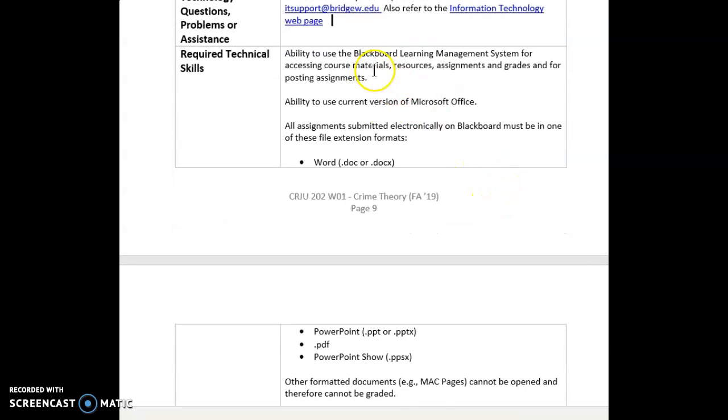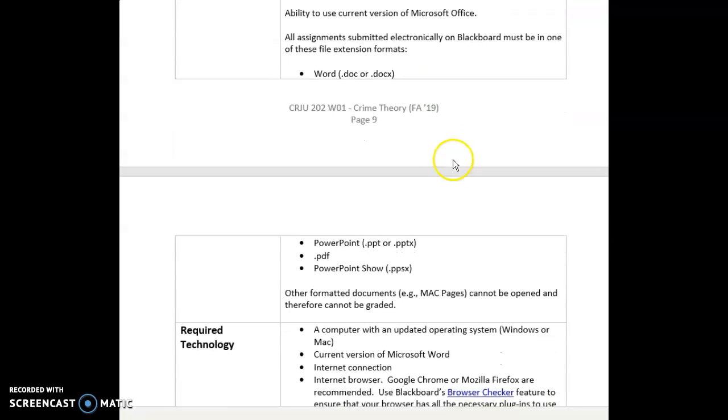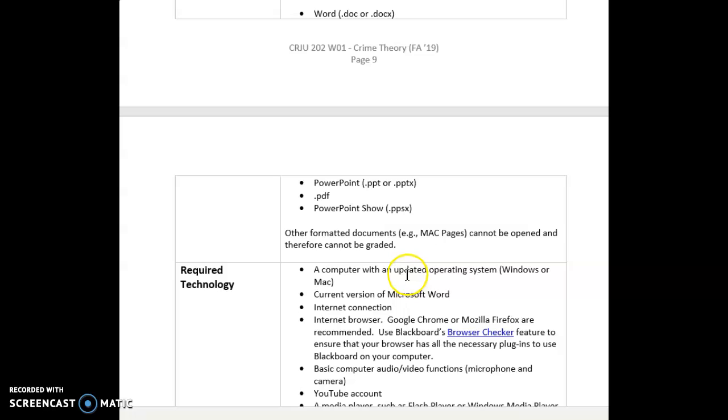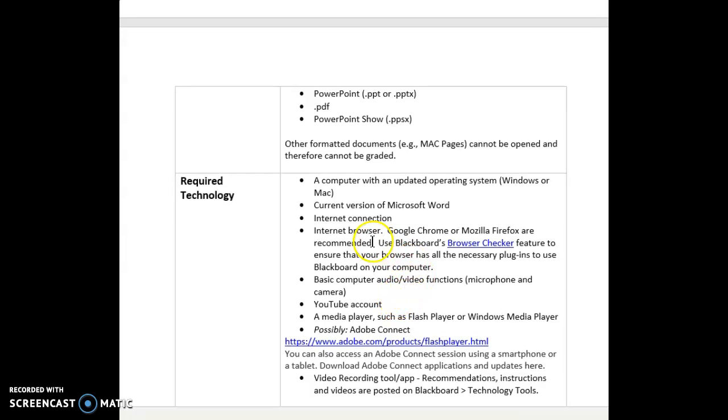You will need to be able to access Blackboard, which means that you need to have a computer. You'll need a current version of Microsoft Word, preferably Office 365. You need an active internet connection. I recommend either Google Chrome or Firefox as your browser.